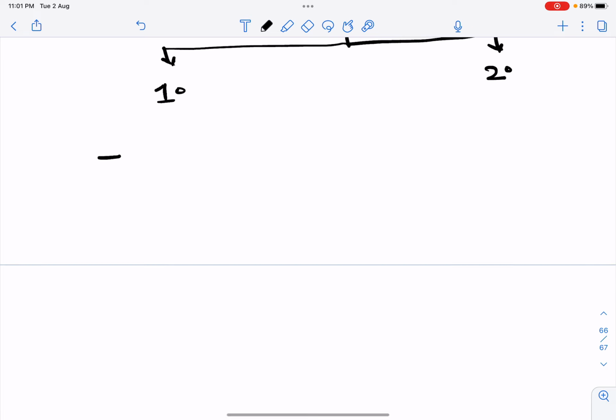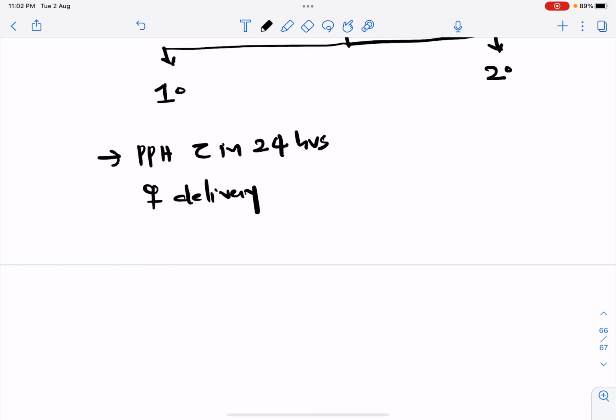Primary PPH is nothing but PPH within 24 hours of delivery. Secondary PPH is PPH after 24 hours of delivery up to 12 weeks postpartum.